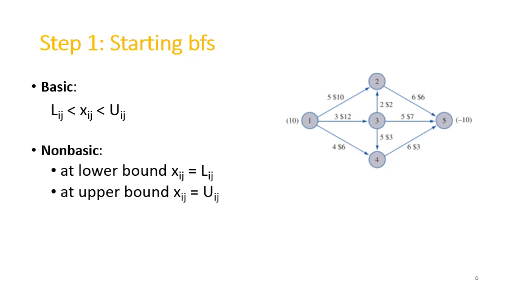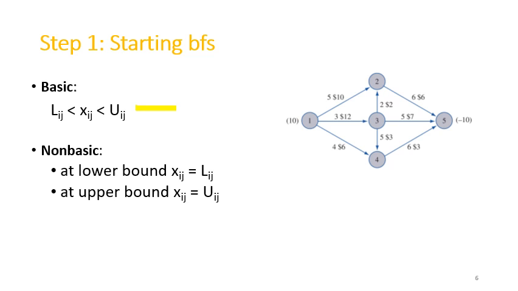But how can we tell whether a variable is a basic variable or a non-basic variable? In the network simplex method, a variable is a basic variable when its value is in between the lower bound and upper bound.